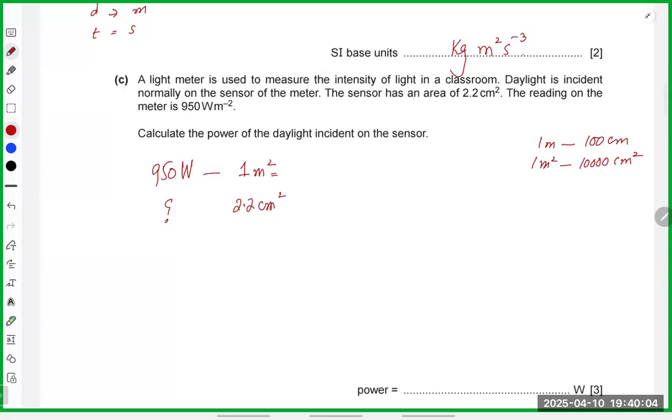So I'm replacing 1 meter square with 10,000 centimeter square.